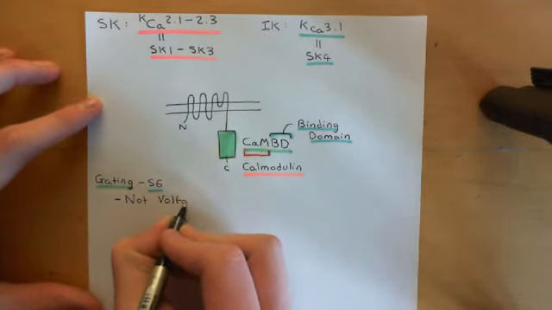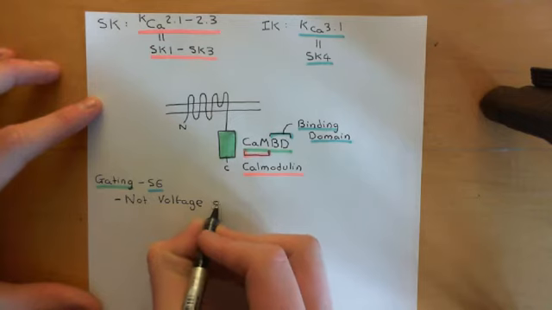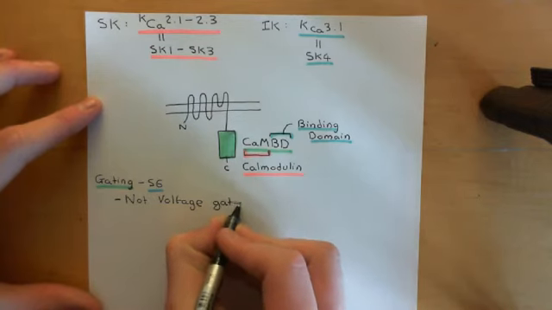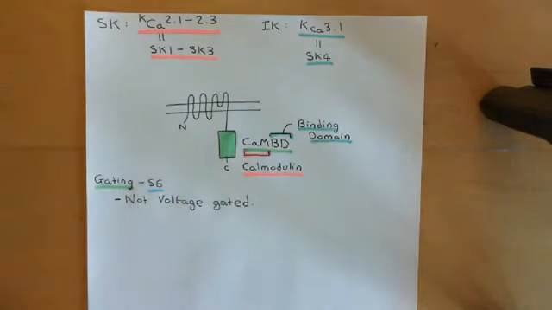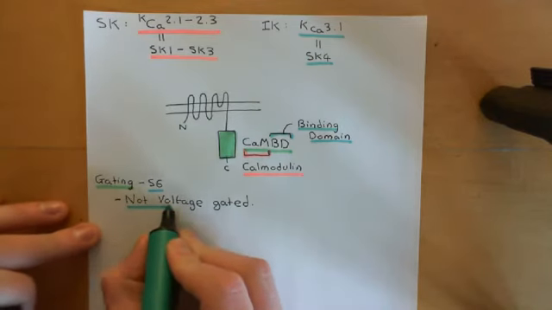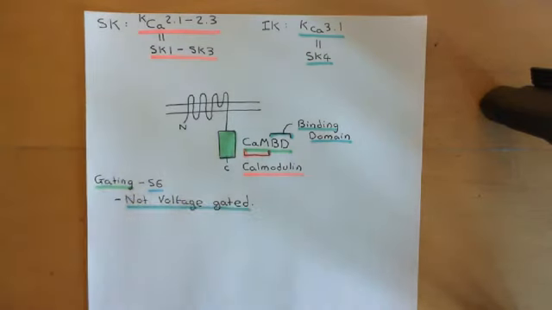You cannot get these SK and IK channels to open by depolarizing the electrical potential difference across the cell membrane, and it's still a bit of a mystery as to why that is. Because we've discussed that these things are incredibly analogous in structure to the voltage gated potassium channels. They have all of the same features.